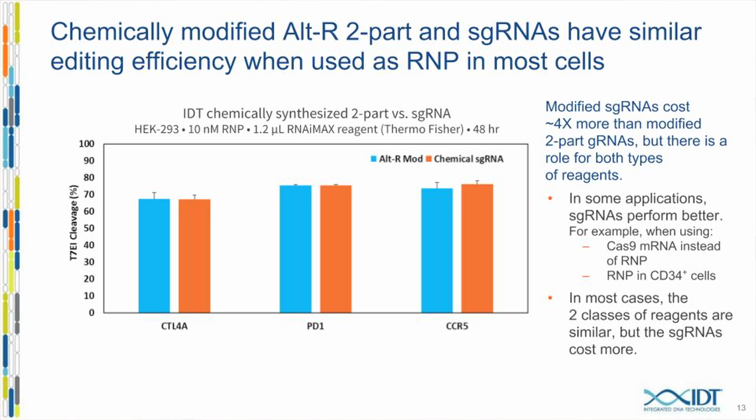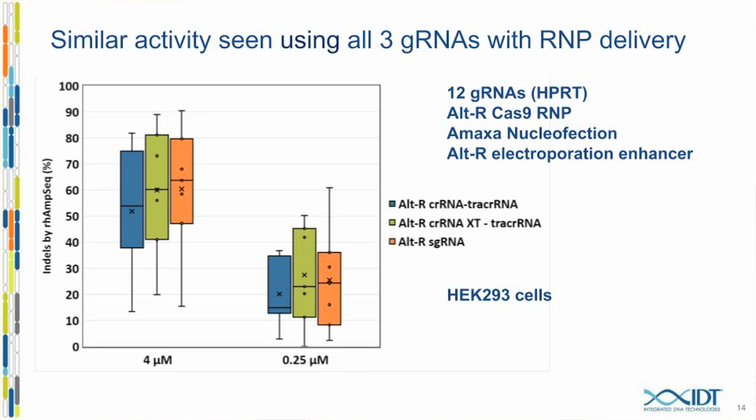If you go into standard cell lines in tissue culture, the crRNAs and the sgRNAs work identically. And the only thing you're going to do if you get the sgRNA is pay more for it. That's fine with me, but we don't recommend that just because the CRs work fine. But there are cases where they actually do work better.